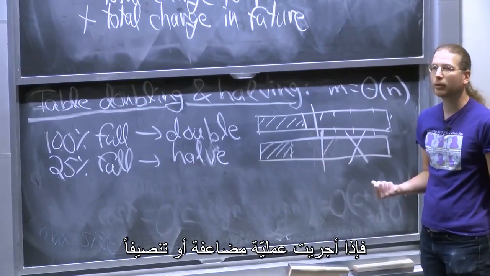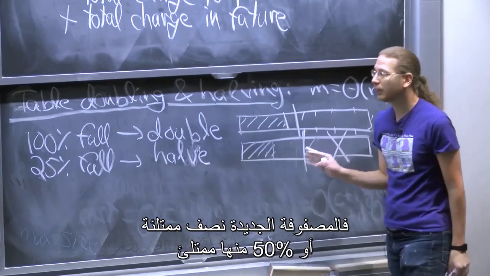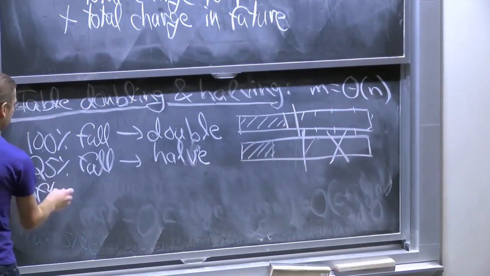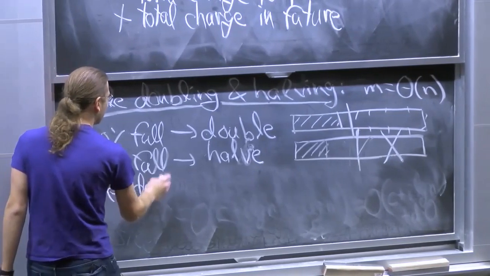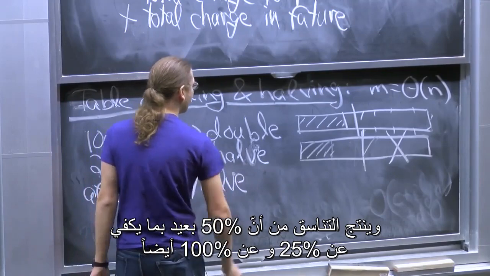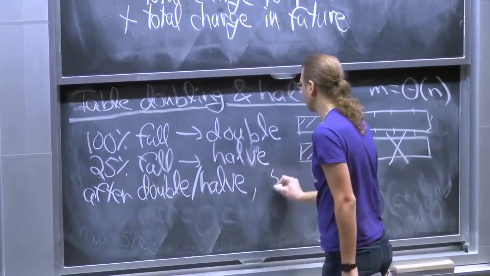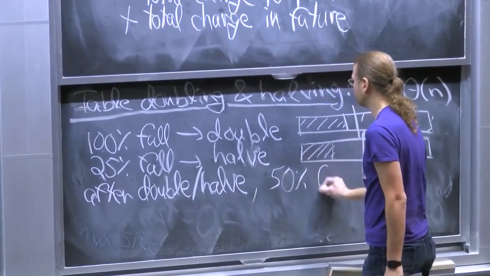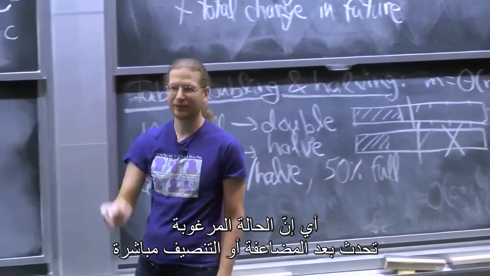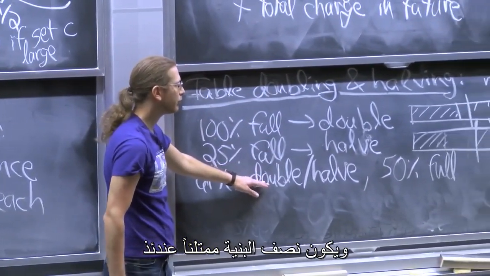So whenever I do a double or a halve, the new array is half full, 50%. That's nice, because 50% is far away from both 25% and 100%. Okay, so our nice state is right after a doubling or a halve. Then we know that our structure is 50% full.